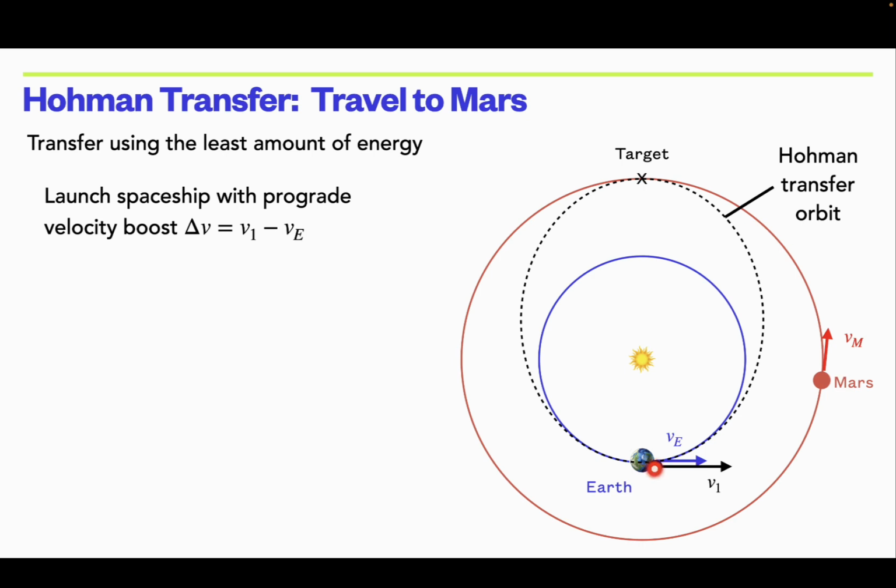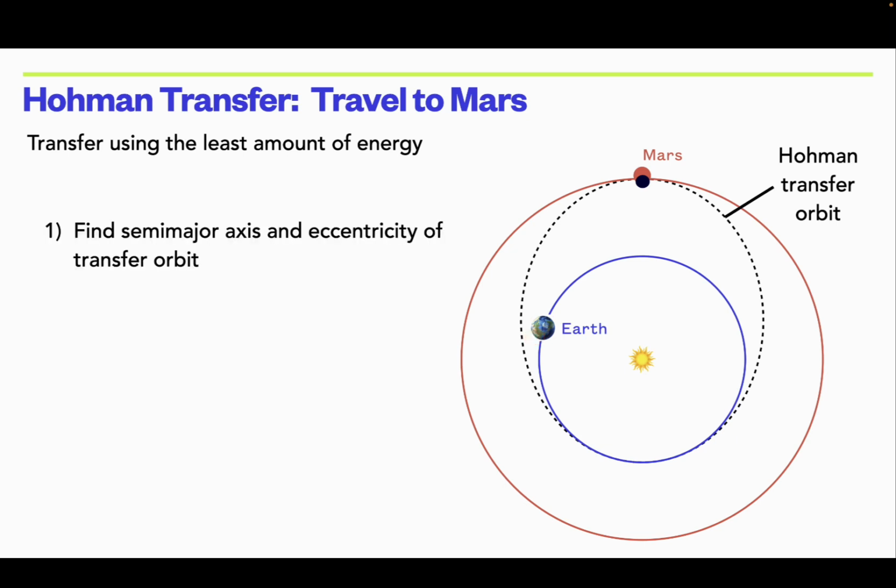We're going to launch the probe, and we're going to watch its motion relative to the Earth and Mars. So in the next step, the Earth is moved around a little bit, the probe is moved, and Mars is moving. The Earth's here, there goes the probe, there's Mars. The probe is getting closer to Mars, and then again, hopefully Mars and the probe get there at the same time. Meanwhile, the Earth is over here now.